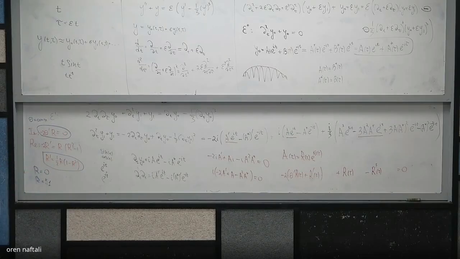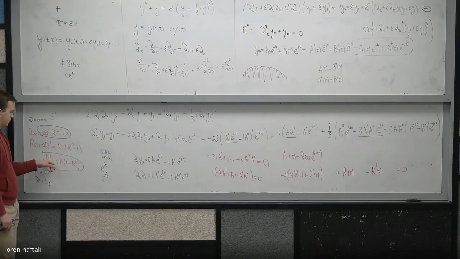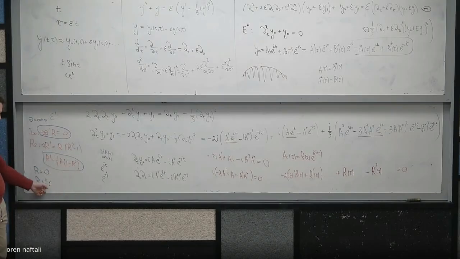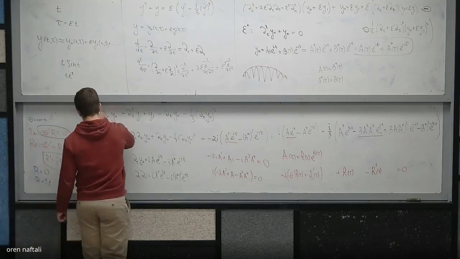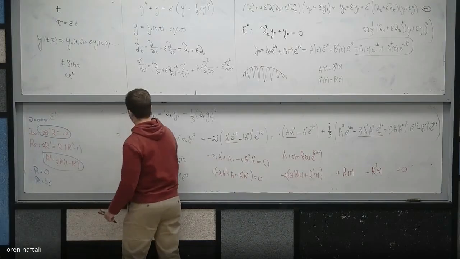oscillations, meaning that if r is equal to 0, you see that it will not change, right? Because the derivative of this will be 0. The same is here. If r is exactly plus or minus 1, nothing changes. But what happens if we step away from 1 or minus 1? Let's analyze. It becomes dampening.